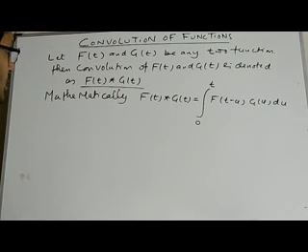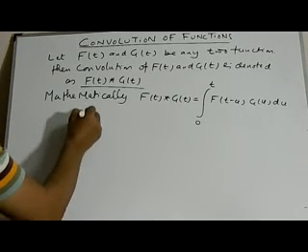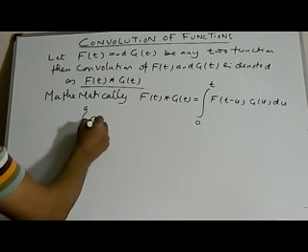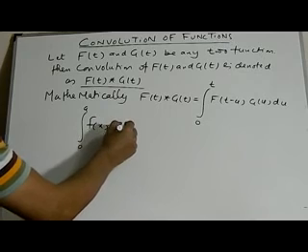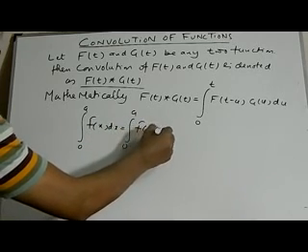Now we know that by property of definite integral, the integral from 0 to a of f(x) dx is the same as the integral from 0 to a of f(a minus x) dx.